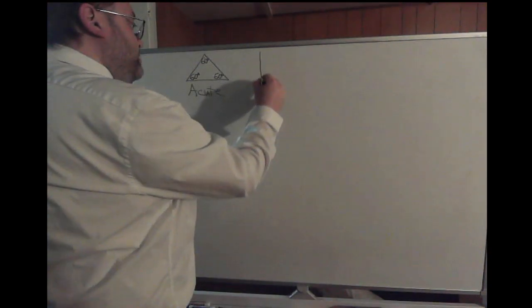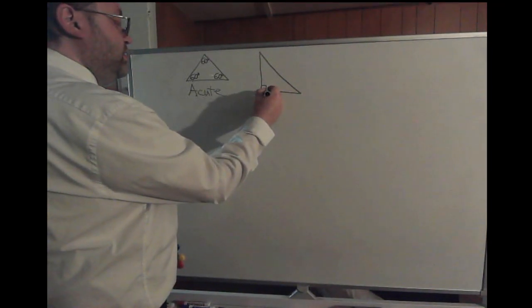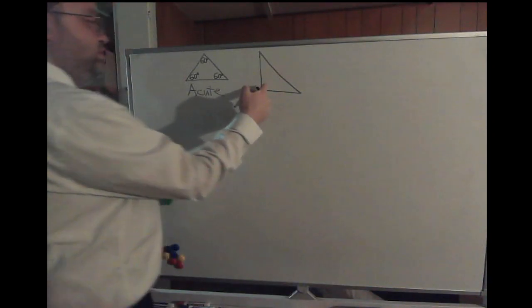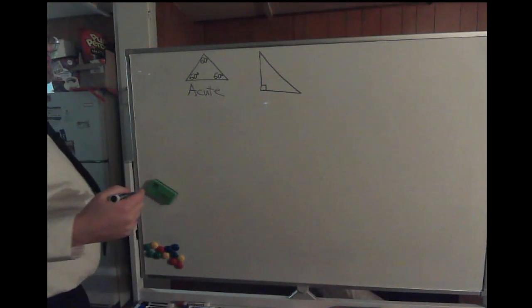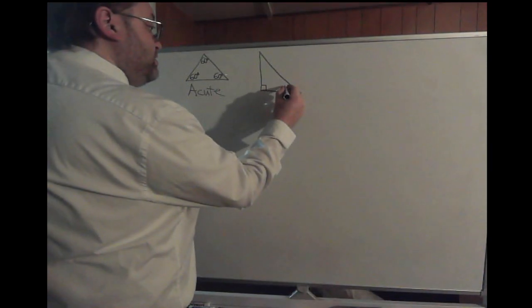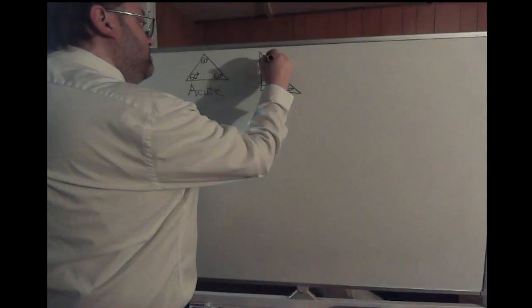Then we have a right triangle. We have a right triangle here. That little corner piece I drew means that's 90 degrees. That denotes a right triangle. So we'll say one angle's 30, one angle's 60.